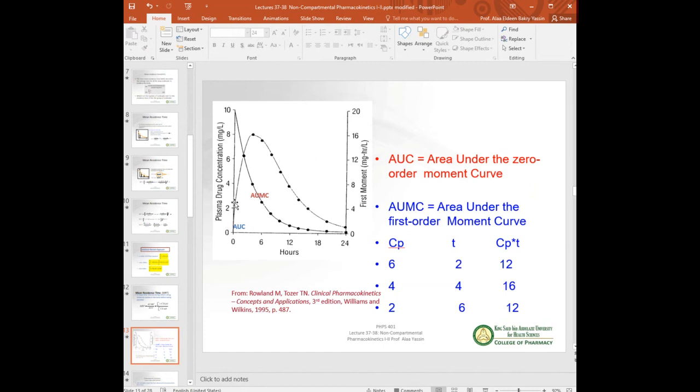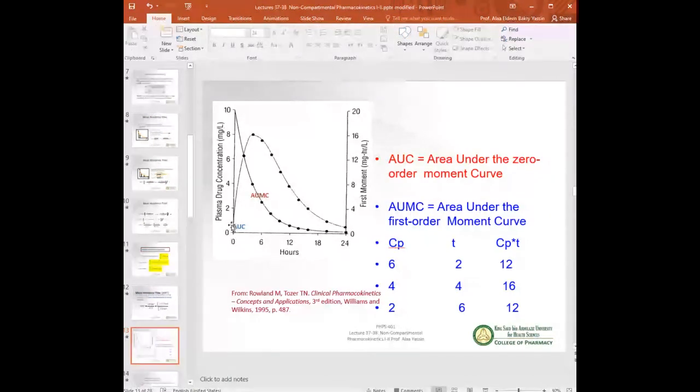Of course there is variation, since it is not exactly 2 but 2 by something, so this makes the variation. But the same principle: the time point, for example 10 or 8 or whatever, multiplied by the observed concentration. If the concentration here is less, still, multiplying this concentration by the time plotted here will develop a curve like this.